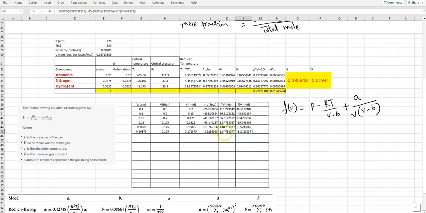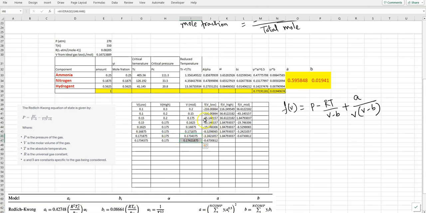Now the root is between V high and VM, so VM becomes VL, that is 0.171875, and V high will be as it is, 0.175. Then you can see 0.1734375. Again the same thing happened, so VM becomes VL, 0.1734375, and V high will be as it is.